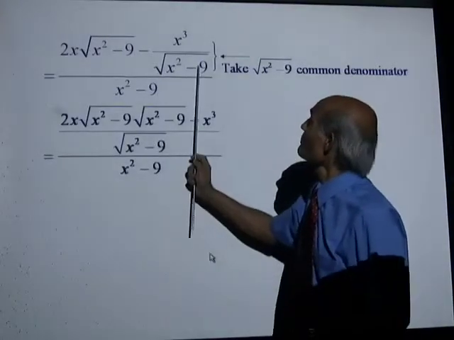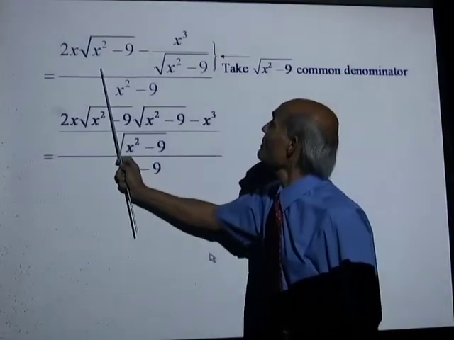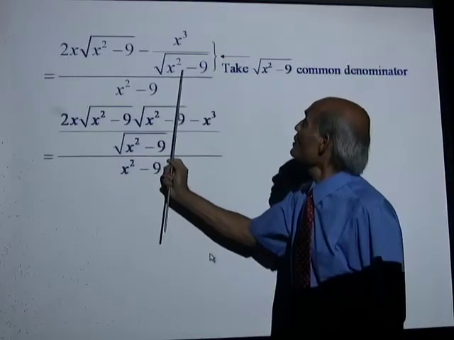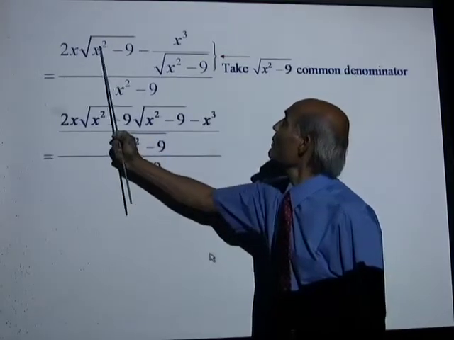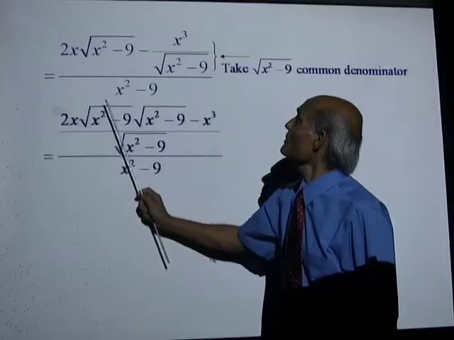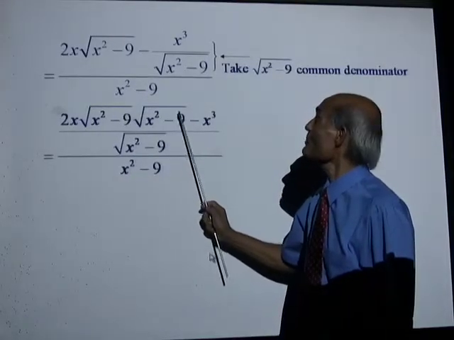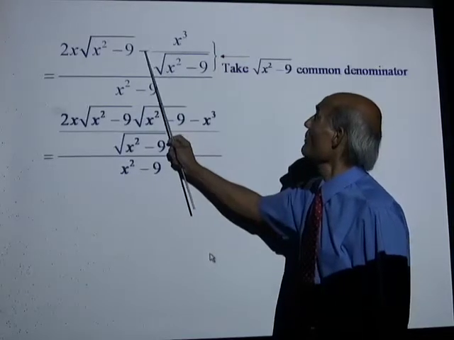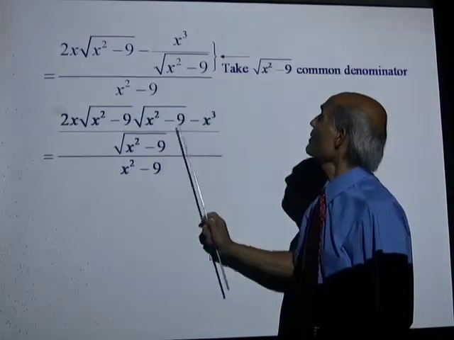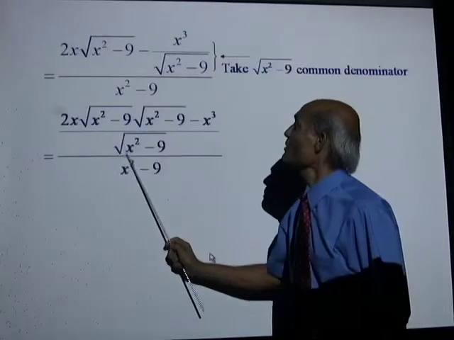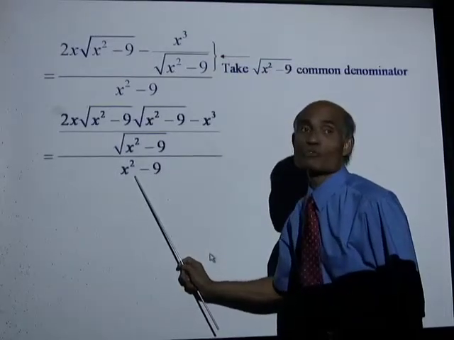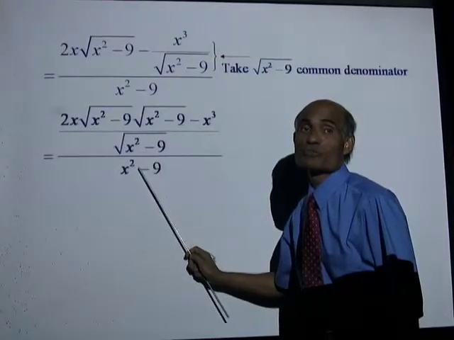And that becomes, when this is the common denominator, remember, this will multiply over there. So that will be 2x square root of x squared minus 9 times square root of x squared minus 9 minus x cubed, over that denominator, divided by x squared minus 9. I hope you understood this.